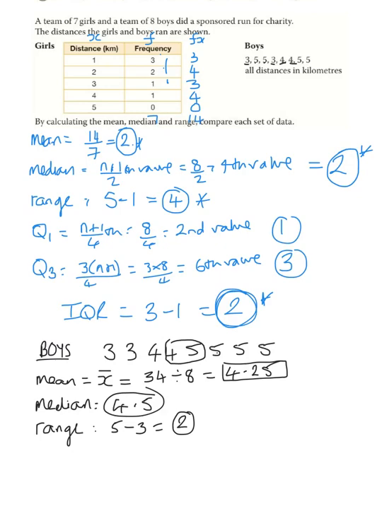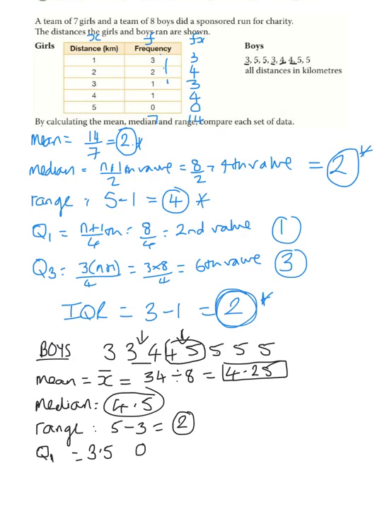So I've got my 3 pieces of data so far, and now I need the upper quartile and the lower quartile. So my lower quartile is going to be between 3 and 4, so it would be 3.5.